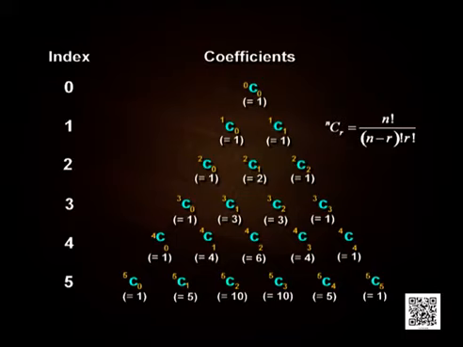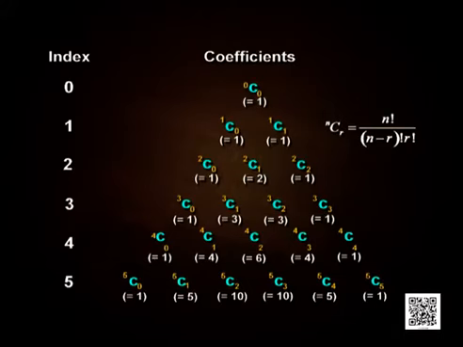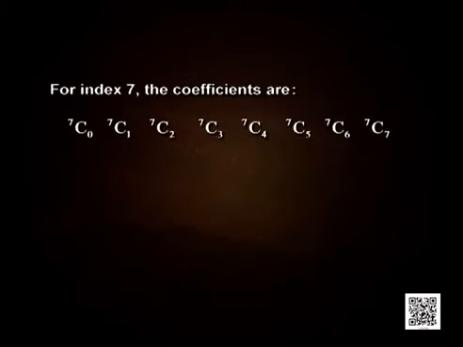Similarly, when the index is 5, the coefficients look like 5C0 which is 1, 5C1 which equals 5, 5C2 equals 10, 5C3 also equals 10, 5C4 equals 5 and 5C5 which is 1. So, with this we are ready to give rise to a result, putting this information together. If the index is 7, the coefficients are 7C0, 7C1, 7C2 etc.